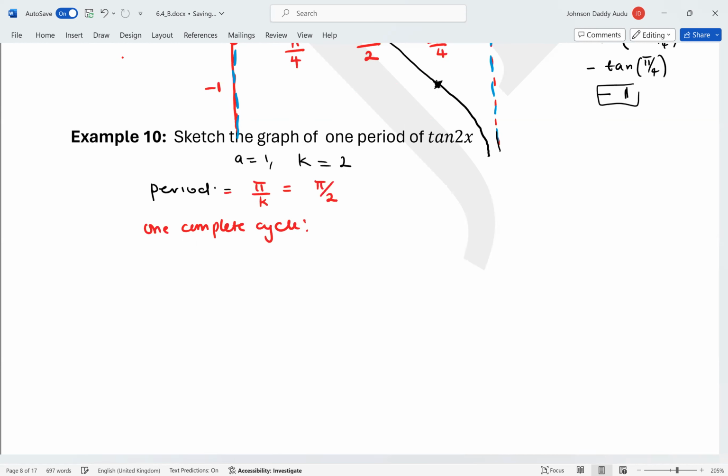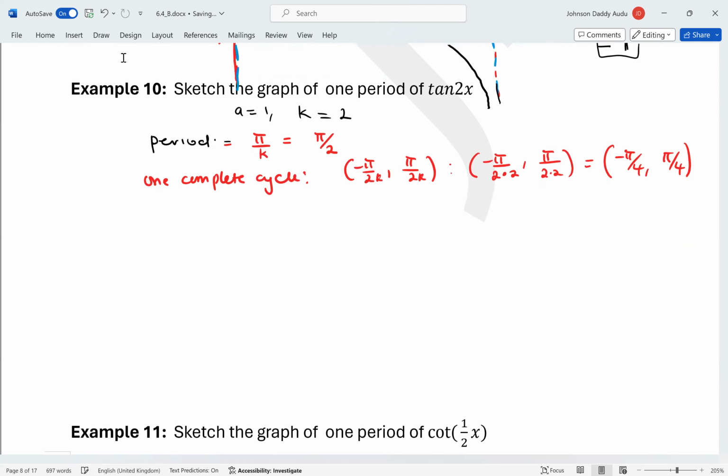So one complete cycle will be from where to where? It will be from minus pi over 2k to pi over 2k. And that means it will be minus pi over 2 times 2, because k is 2. So this will just be minus pi over 4 and also pi over 4.